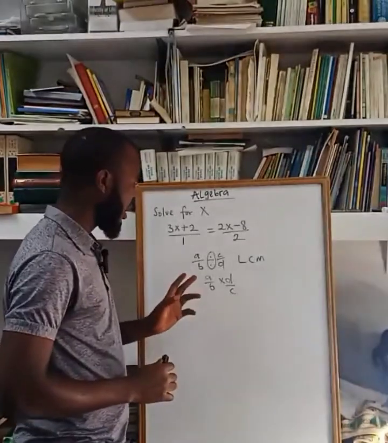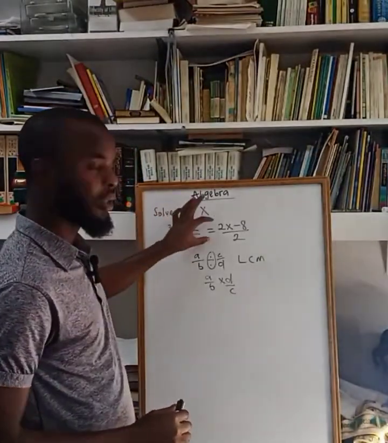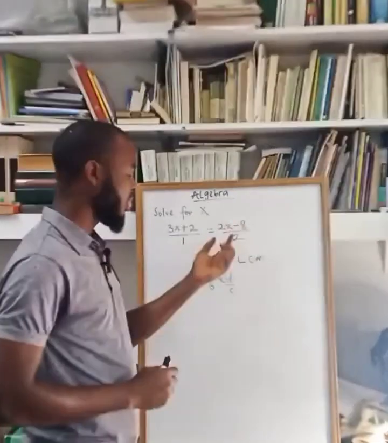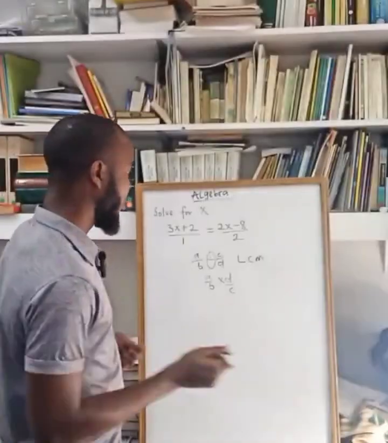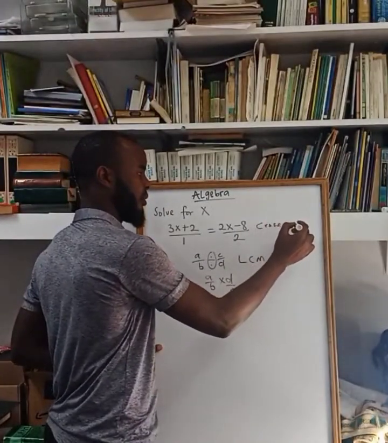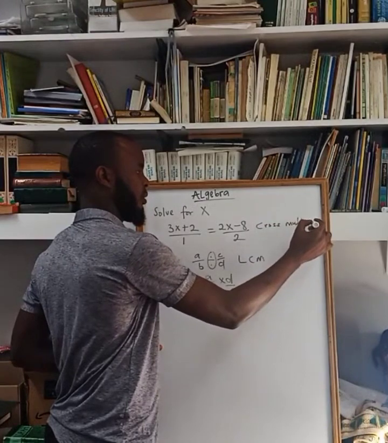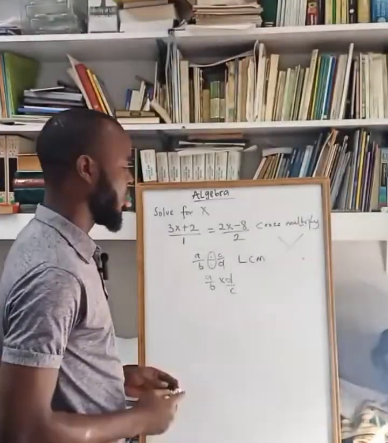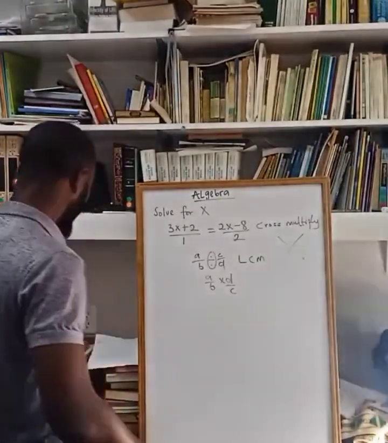So that is the second approach. Now, the last one is when you have two fractions separated by the equal sign. When you have two fractions separated by the equal sign, the approach to use is known as the cross multiply. If you want to cross multiply, it's just like an X sign. So let me clean this up.